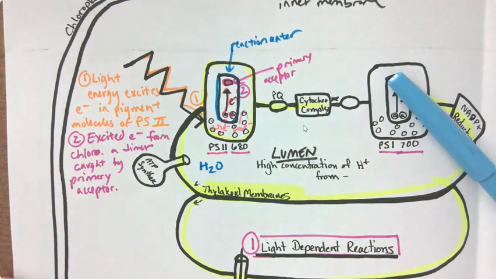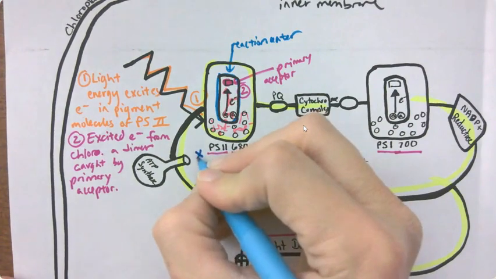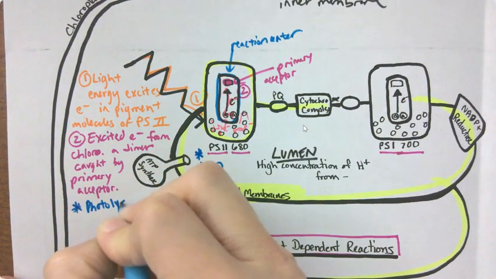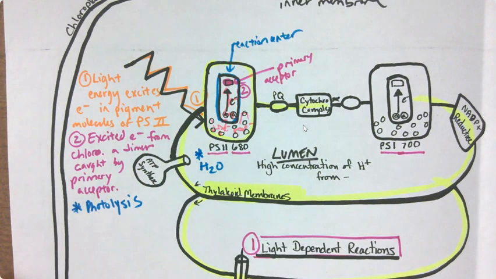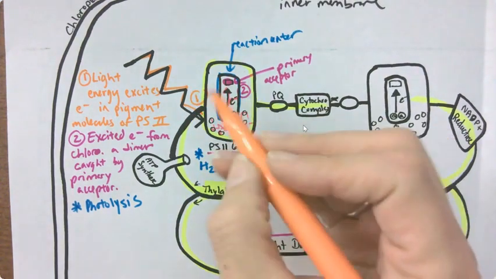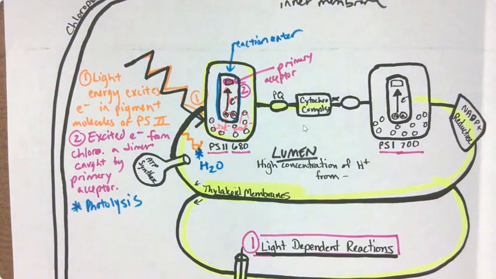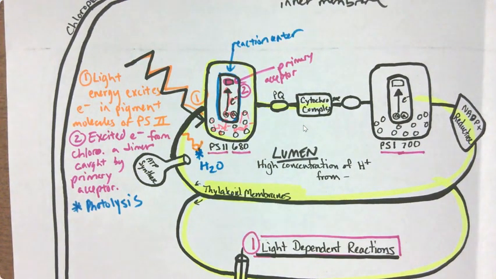So what happens, this step I'm just going to give an asterisk, is something called photolysis. In photolysis, once again, light is hitting the water, okay? Just like light was hitting these electrons in the pigment molecules, light hits this water, causing this water to lyse or split.